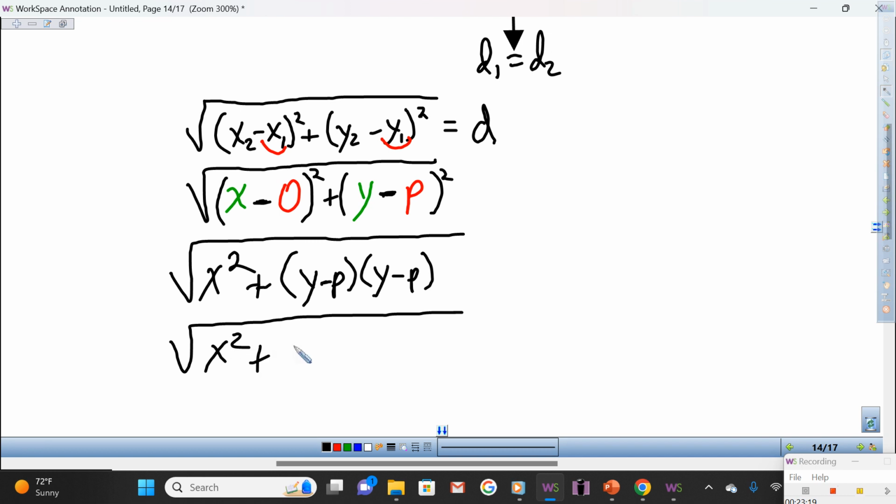Here it goes. X squared plus, let's see, what is y times y? Y squared. What is y times negative p? Negative py. What is negative p times y? Negative py. What is negative p times negative p? Positive p squared.